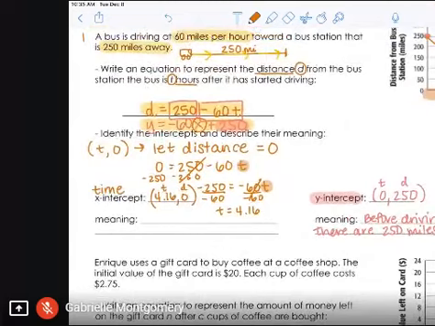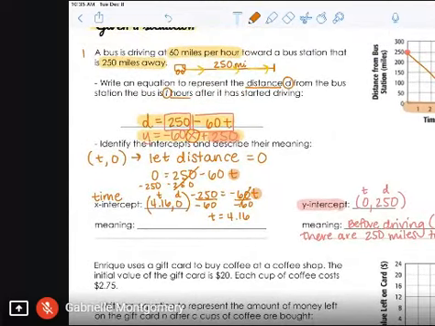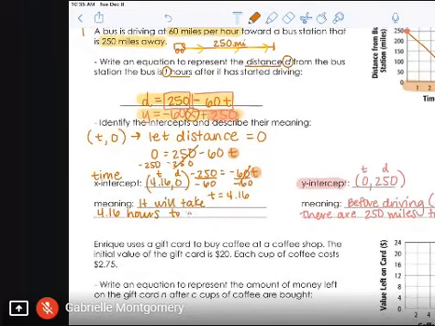So that's how we can interpret this: it will take 4.16 hours, because that's my time value, to drive the 250 miles.